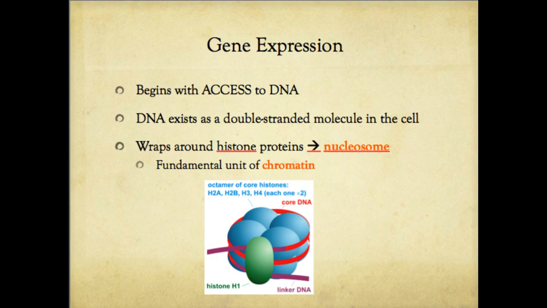Each one of these groups of DNA wrapped around histones is referred to as a nucleosome. So you can think of a nucleosome as being the fundamental unit of chromatin, and it's chromatin, DNA plus histone protein, that makes up the chromosome, which is how DNA lives most of the time in a cell.